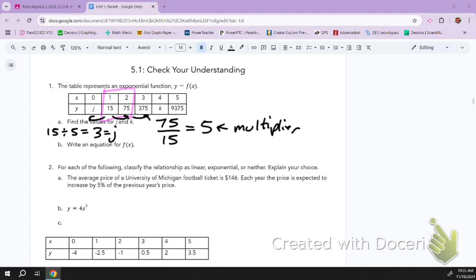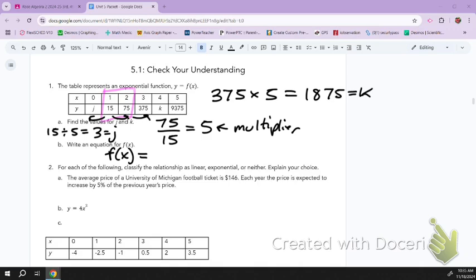How are we going to find k? We're just going to times it. Good. We're going to do 375 times 5. What do we get? 1,875. Great. That's k. We're going to use this now to put the equation together, and we're going to use f of x.